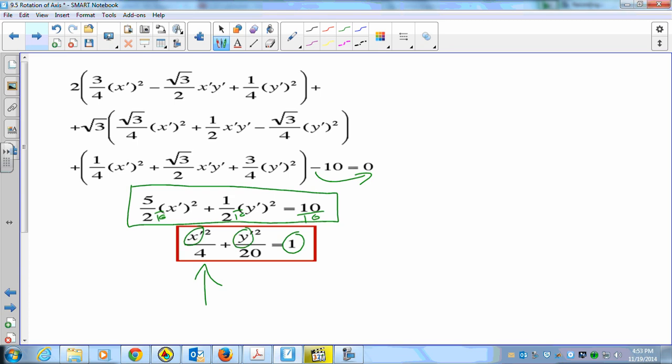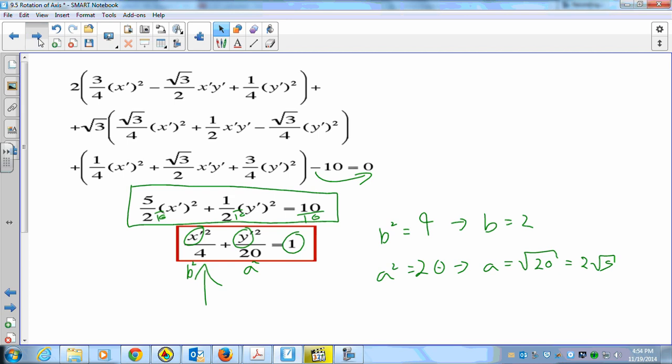We have an a term, we have a b term, these are squared. So from there we know that b squared is equal to 4, so that implies b is equal to 2. I know that a squared is equal to 20, so that implies that a is equal to the square root of 20, or 2 square roots of 5.